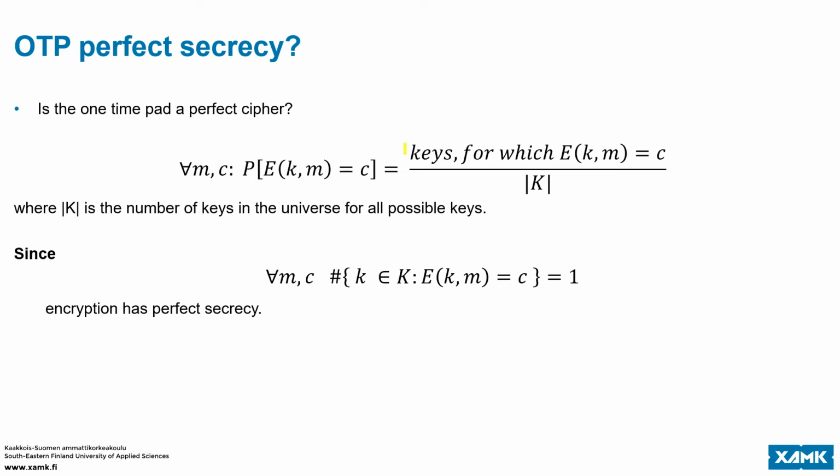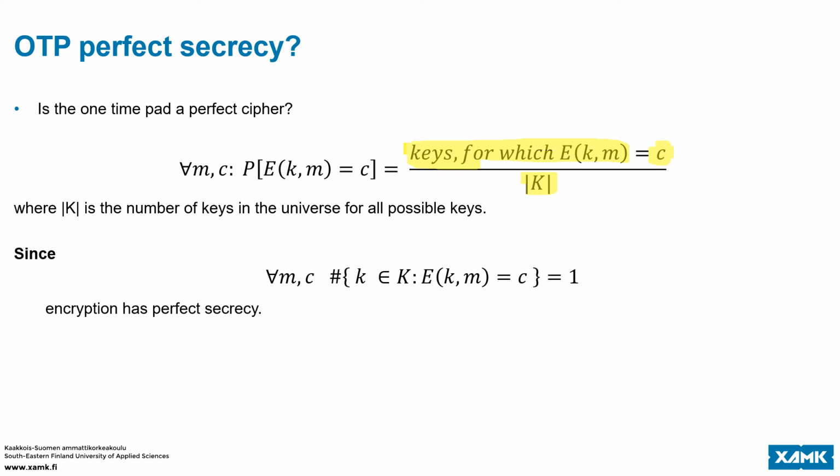So let's consider how many keys map all of the possible messages that we could try to encrypt to a particular ciphertext. Here, the lowercase k is a randomly selected key, lowercase m is a randomly selected message, lowercase c is the resulting ciphertext, and the uppercase K is the number of keys in the universe for all possible keys.